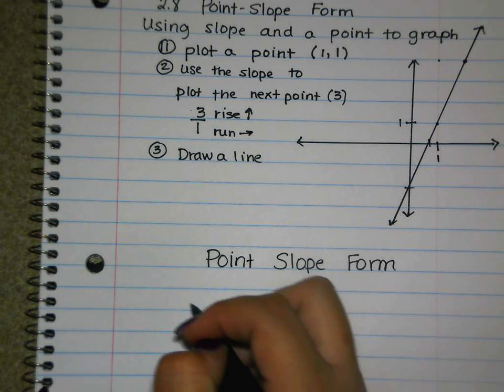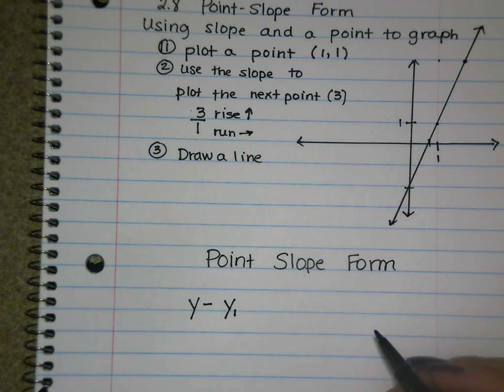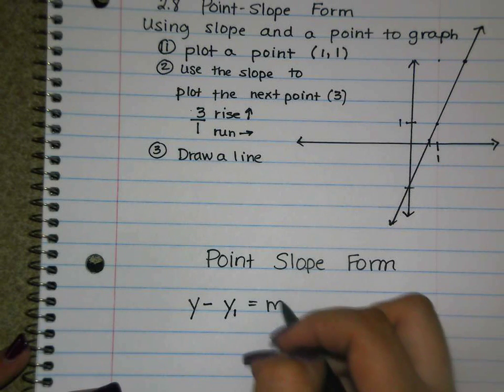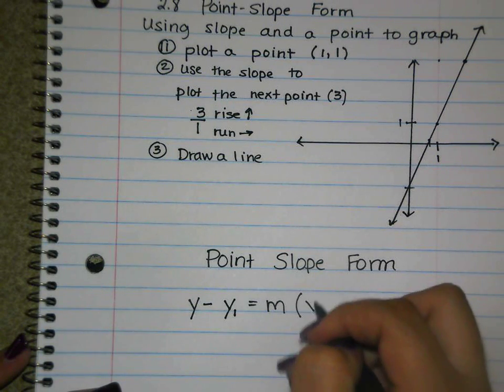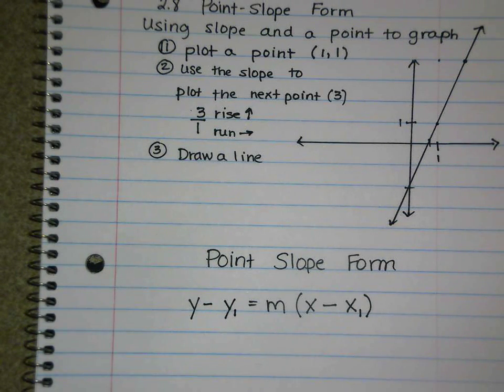Point slope is y minus y1, that's a subscript, which just identifies a number we're going to use, equal to m times x minus x1, again a subscript, just identifying a number we're going to be using. You might be asking yourself what those mean, and I'm going to try to explain it in the best way I can so that you will understand.